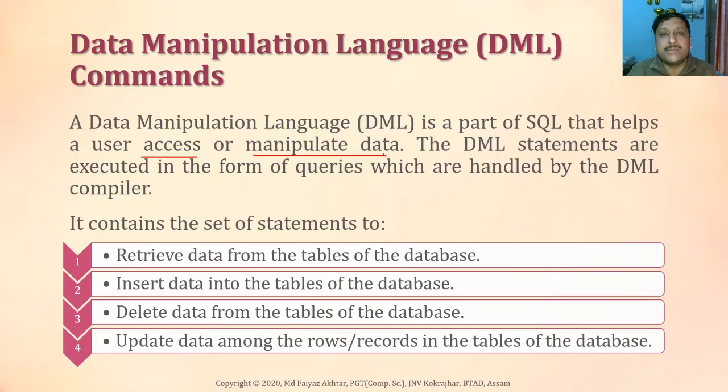Then DML commands help us to access those data depending on some criteria or some tables. And also we can manipulate data. Manipulate means we can modify data, change some details, and delete rows or data if not needed. These features are provided by DML commands.